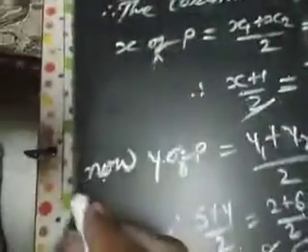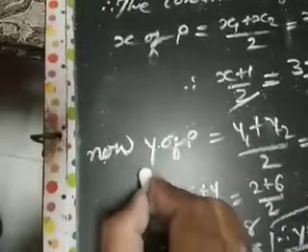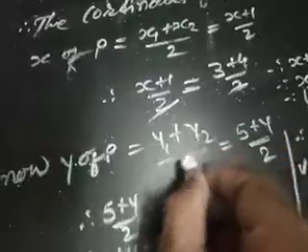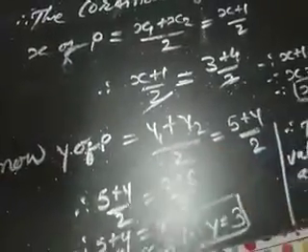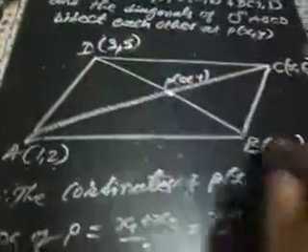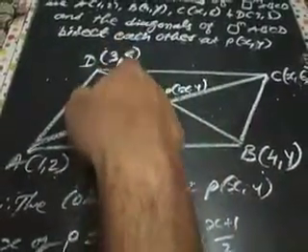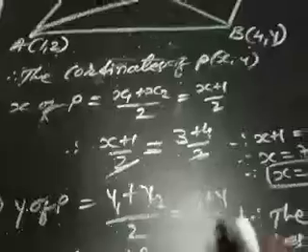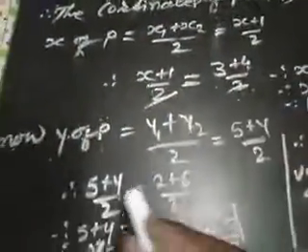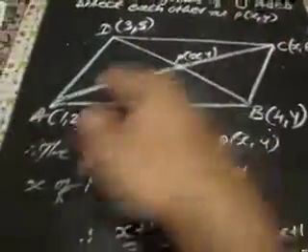Now as before, we find the y coordinate of P. So y of P is equal to (y1 plus y2) upon 2, which is (5 plus y) upon 2. This is also equal to the other (y1 plus y2) upon 2, which is (2 plus 6) upon 2.